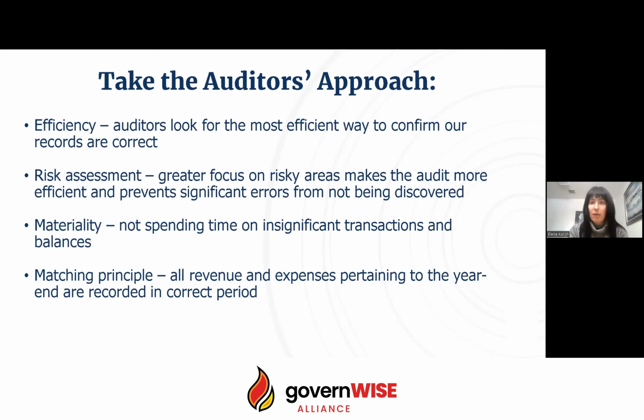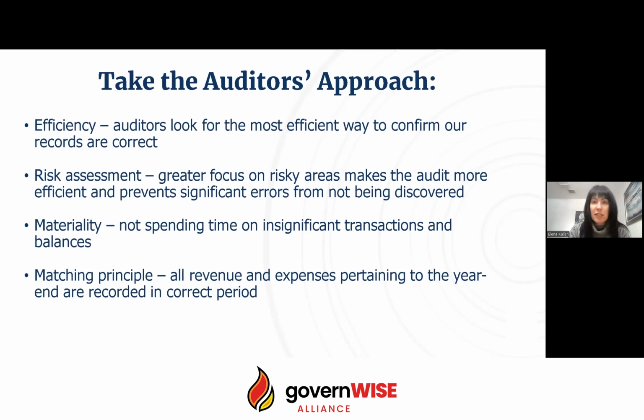two main approaches. So one of them is risk-based approach. They do risk assessment for everything in our organization, and they try to find the most risky areas in our records. And so whenever there is a risky area, the likelihood of error in that area is normally higher.